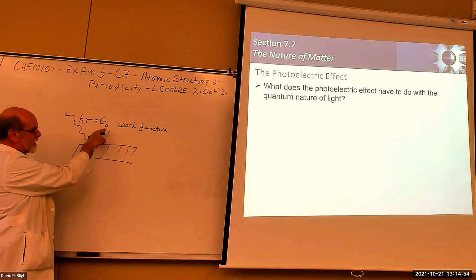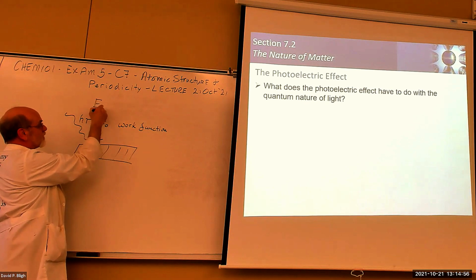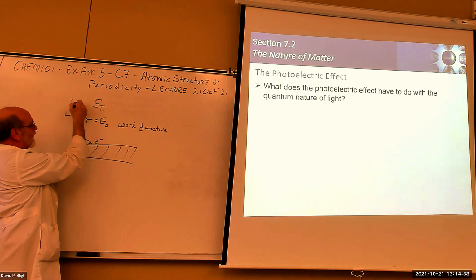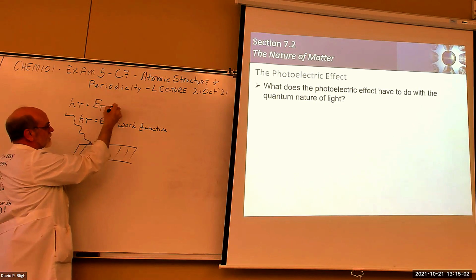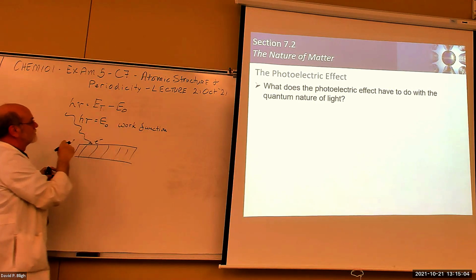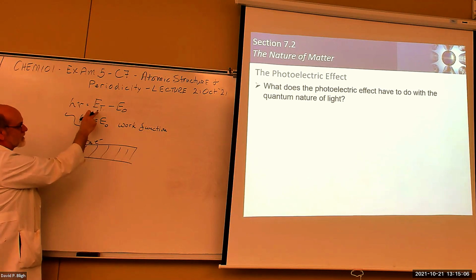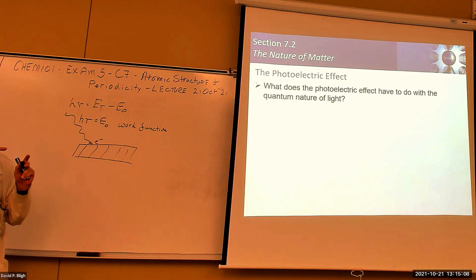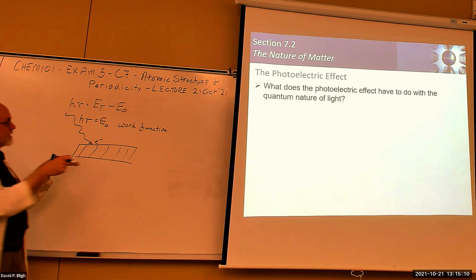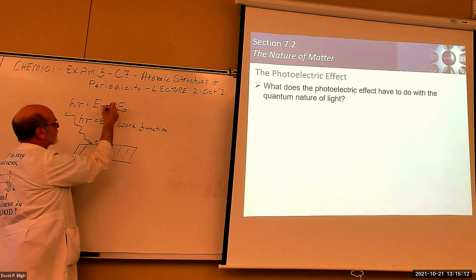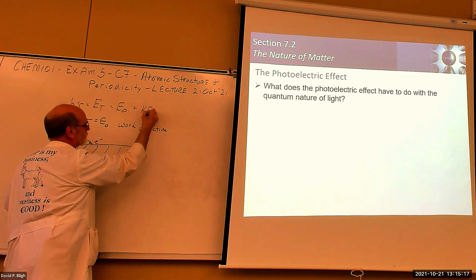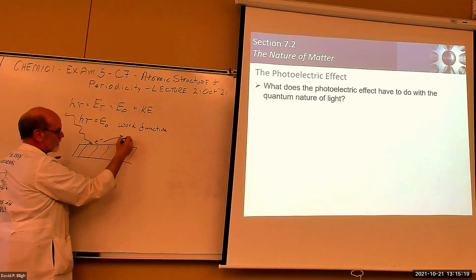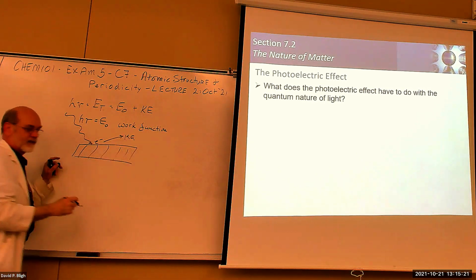So any excess energy, if this is the total energy supplied by our light, then it only needs this much, right? It only needs that much to get free. And then the rest of it is converted into kinetic energy. Right? So now it's off and running like that.